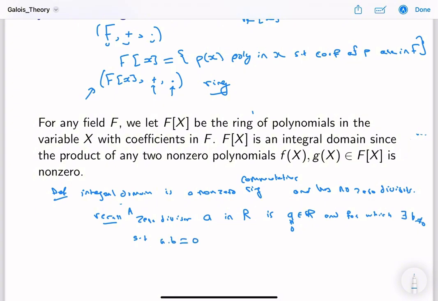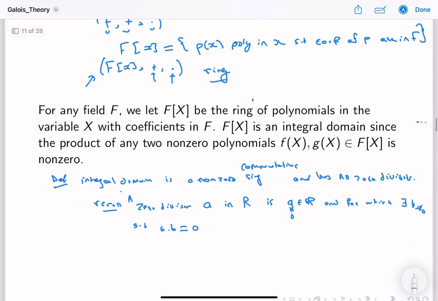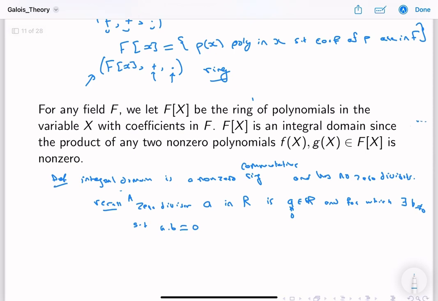So again, I remind you, a and b are called zero divisors if they're both not zero and they multiply out to 0. So this is the definition of a zero divisor. And an integral domain is just a commutative ring, and when we say commutative, we're referring to the multiplicative operation, that has no zero divisors.